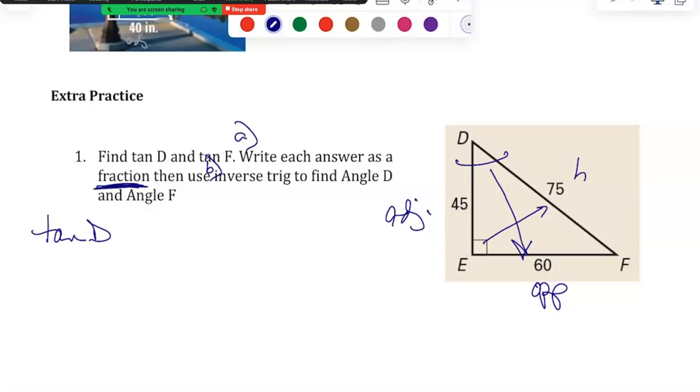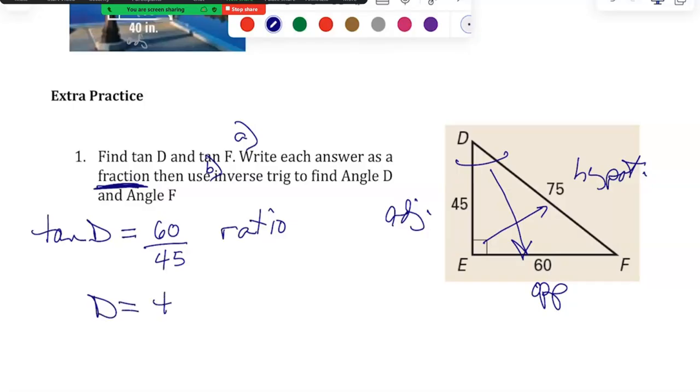This is your hypotenuse. It is not involved with tan. The tan of D equals opposite, which is 60, over adjacent, which is 45, and this is my ratio, and we are done. Then you want to get the angle.